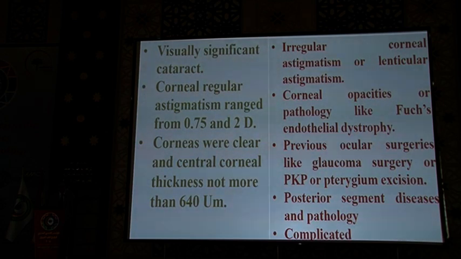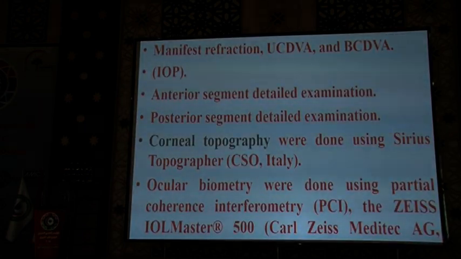We include in this study all patients with astigmatism from 0.75 to 2 diopters, and we exclude any patient who already has any previous intraocular disease or patients with complicated phaco procedure.